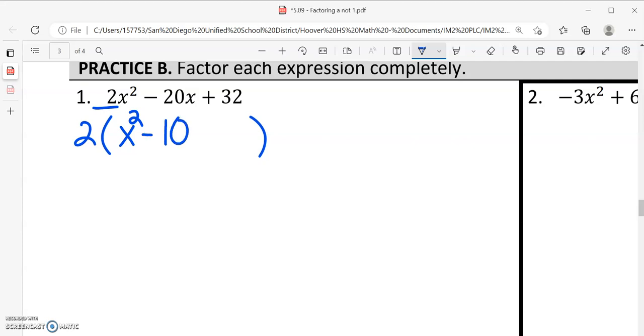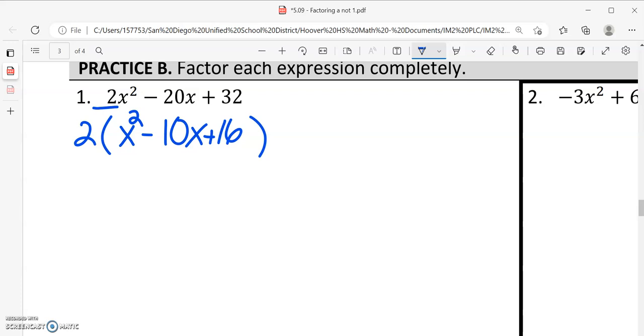Negative 10x. And finally, 2 times what is 32? Positive 16. And if you don't know that, just do 32 and divide by that number. 32 divided by 2 is 16.